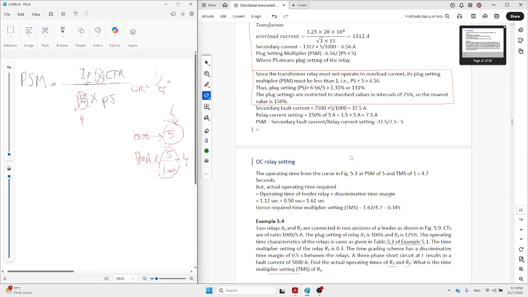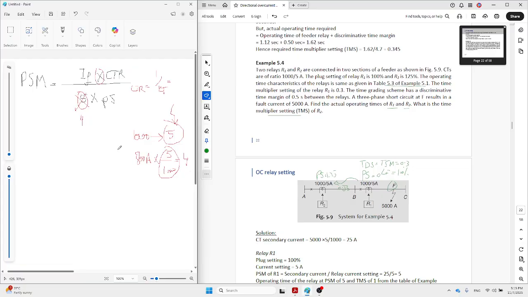Then go back to the example. PSM is equal to I fault, which is given as 5,000, times CTR. CTR is 1,000 over 5, correct? Here we don't know the nominal current, so we choose the maximum, which at the primary is 1,000, so it's 5 at the secondary, times the CTR, and the PS is given as overload factor 100%, so it's 1.